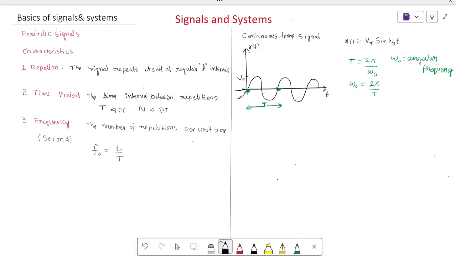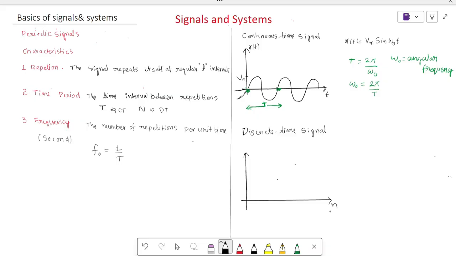So in case of a discrete time signal, I already told you that in discrete time, the time must be denoted by small n.